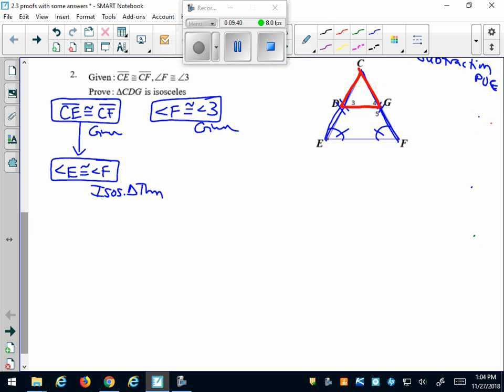So if my final statement is going to be that triangle CDG is isosceles, what do you suppose the statement right before it is going to be? In order to say that that red triangle is isosceles, what do you think the statement right before it would have to be? How could we classify that? Yep, Ella.